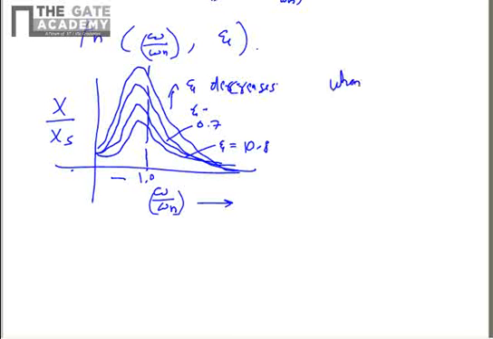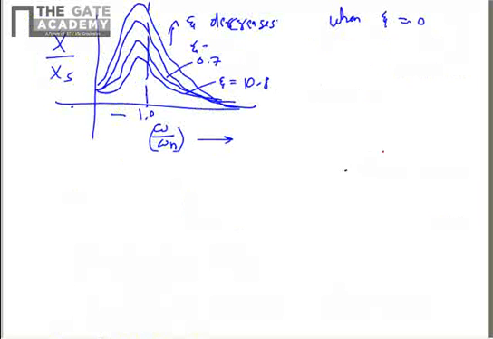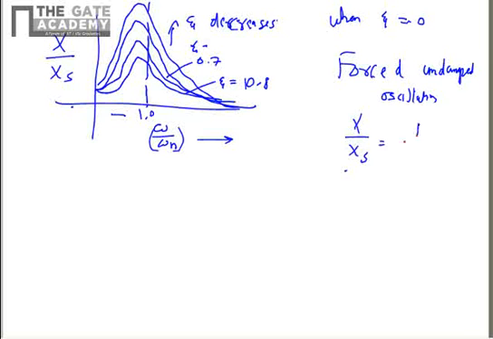What happens when Z is equal to 0? There is no damping. So if you put Z is equal to 0 here, you will get the equation for forced undamped oscillation. So you get X by Xs is equal to 1 by 1 minus omega by omega n whole square.